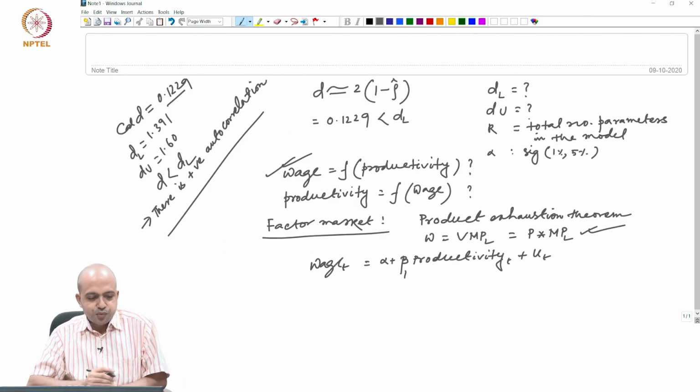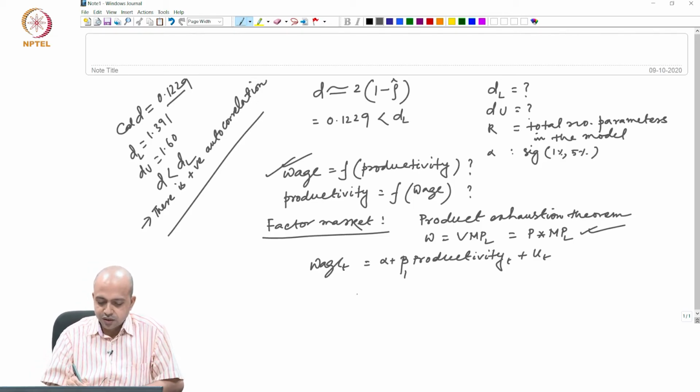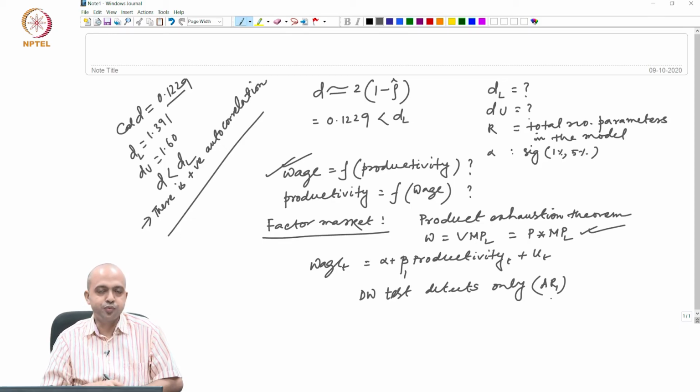Now, once you estimate the Durbin-Watson test statistic and think about autocorrelation, the next thing we need to think about is, the DW test can detect, if you remember, only u1, that means it can detect only first order autocorrelation. We do not know whether there is higher order autocorrelation also in the equation.